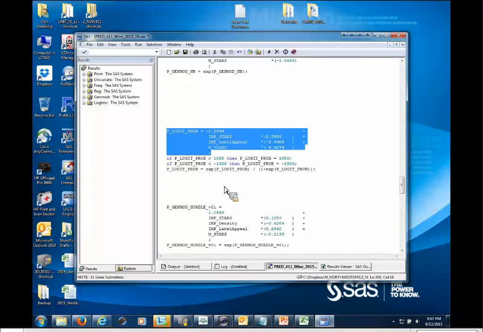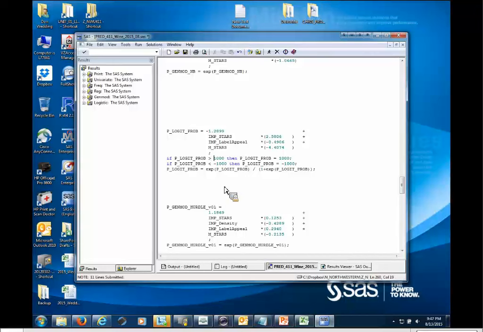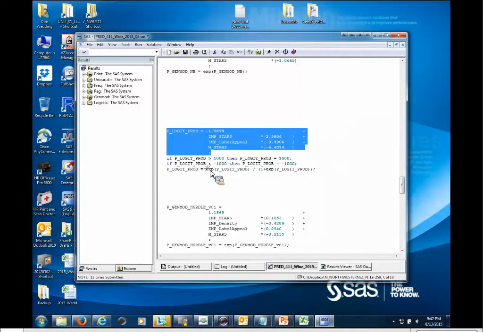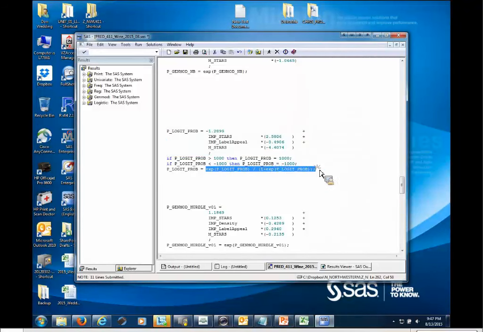And then I capped it off because I don't want these numbers getting too big. This is just a good technique. So if it's bigger than 1,000, you can't get bigger than 1,000. You can't get smaller than minus 1,000. Then I simply convert it into a probability because this is the log odds. This is the way you convert this into a probability. So now I have the probability you're going to buy some wine.